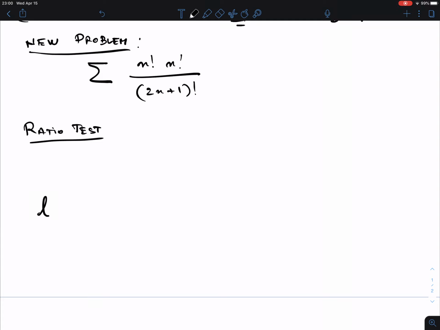We take, again, this limit for n going to infinity. In the bottom goes this expression, n factorial over 2n plus 1 factorial. Now in the top, there are absolute values, but everything is positive, so I'm not going to write those anymore. Now in the top, every time I have an n, I'm going to replace it with n plus 1. So let's do this in a different color, right?